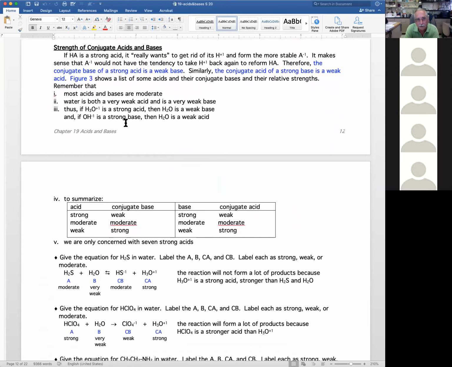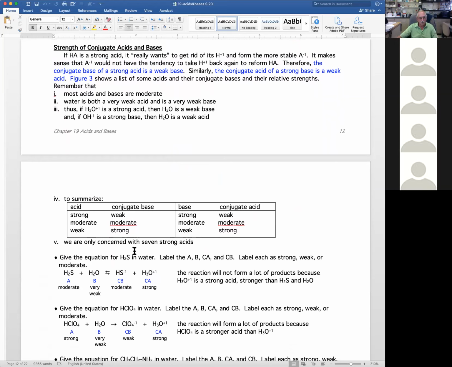And the strengths of conjugate acids and bases. So this is a little bit tricky. To tell you the truth, I rewrote this right here, I don't know, 4 times, trying to figure out the best way to do it.